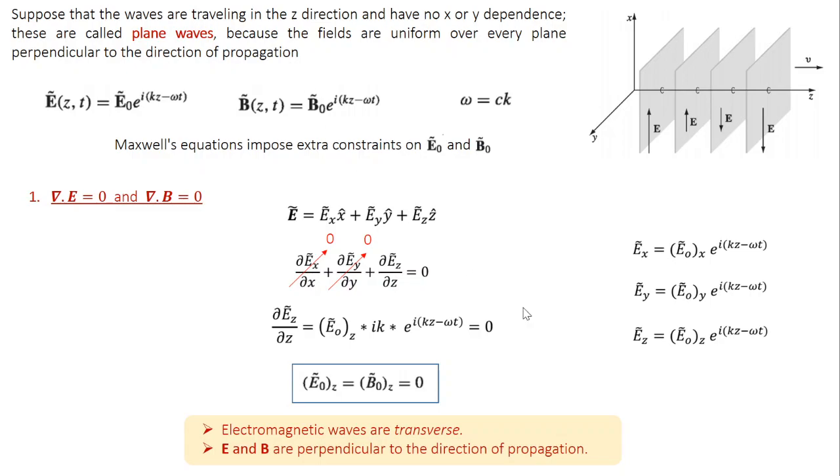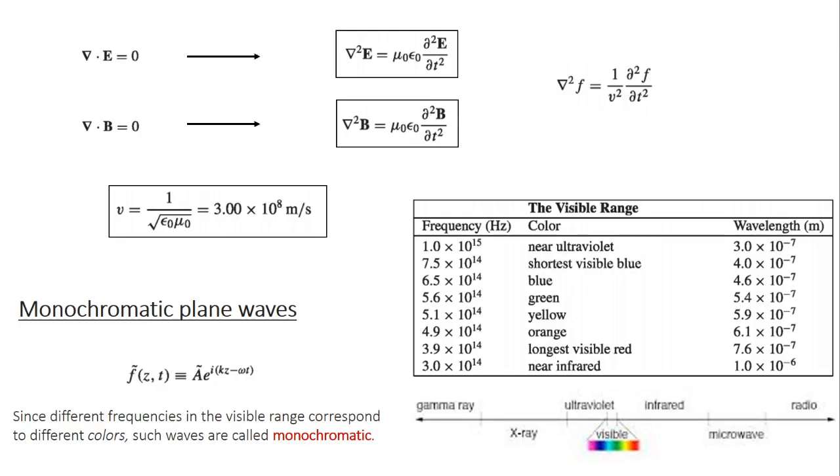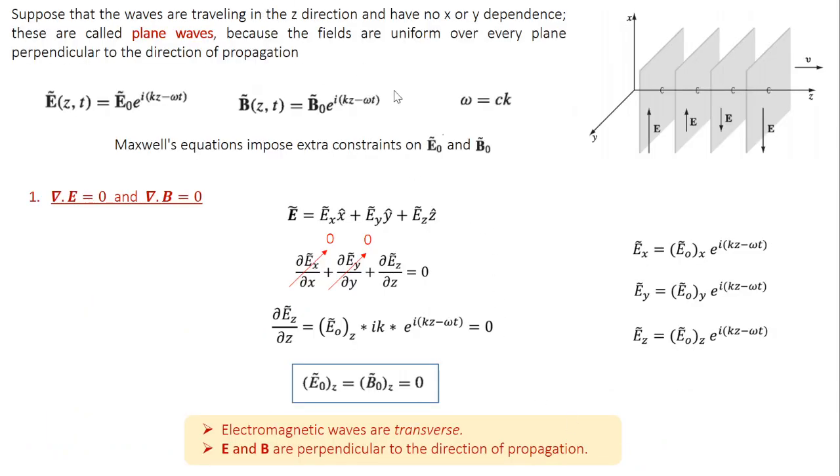Now, if you also recollect our discussion in the last class, we were talking about a transverse wave, where the oscillation is perpendicular to the wave propagation direction. So if I take Z as the propagation direction, then oscillation happens either in X or Y direction.